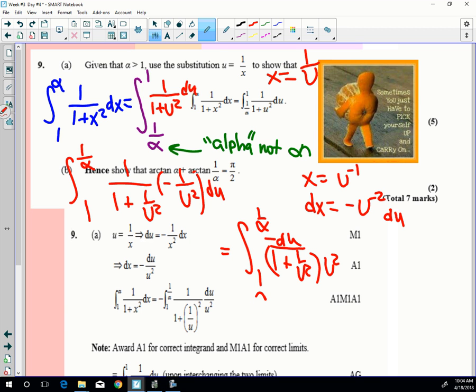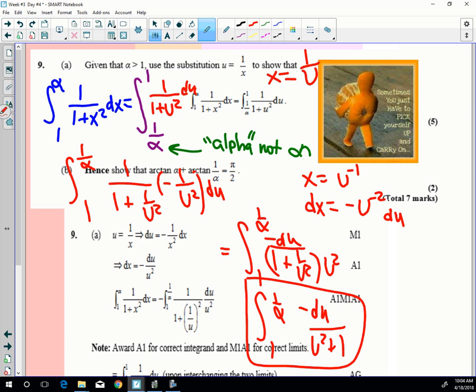So can you kind of see how I get this negative du over u squared plus 1? Can you see that? So we're done. We win. We got it. We got what they wanted.